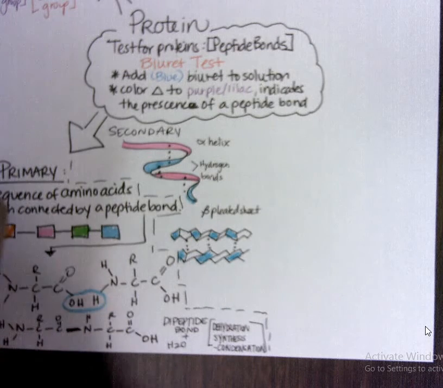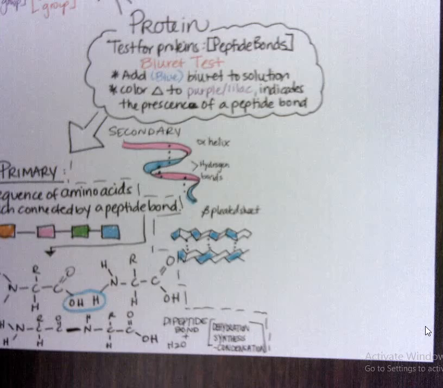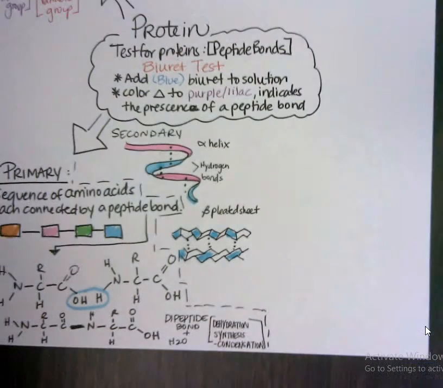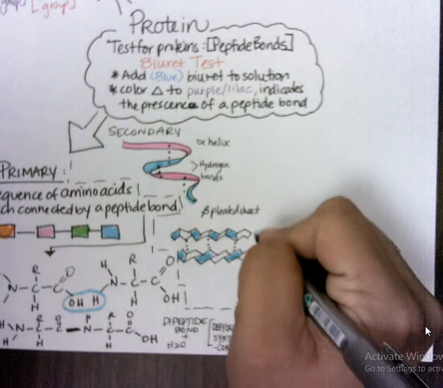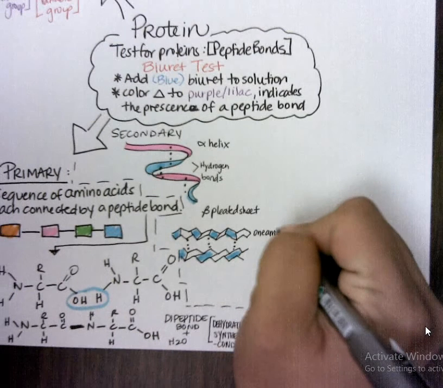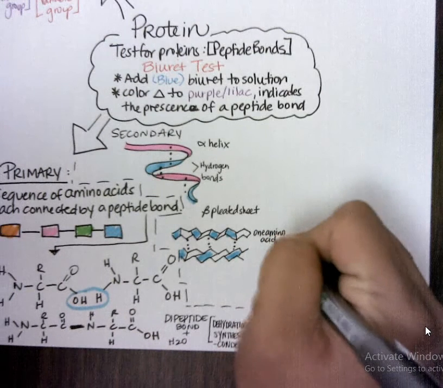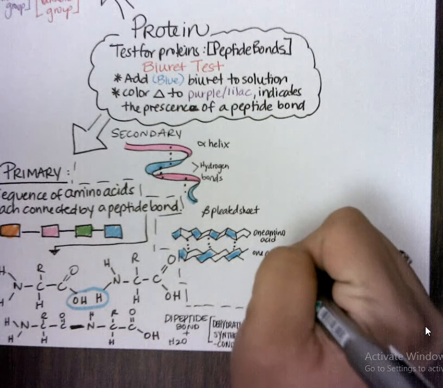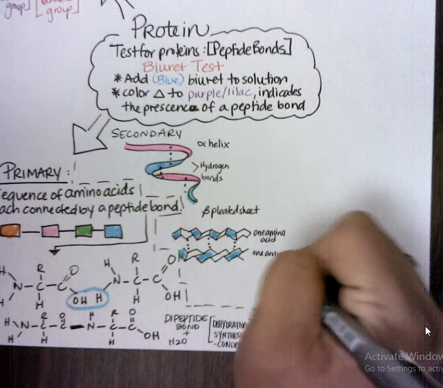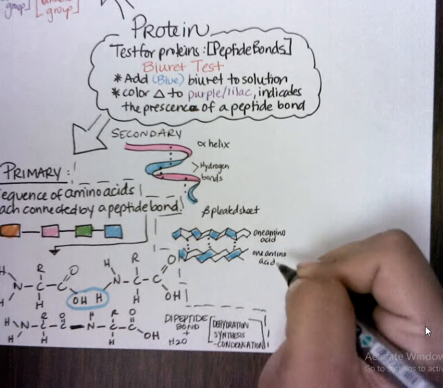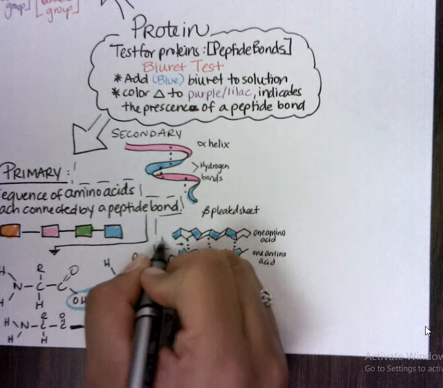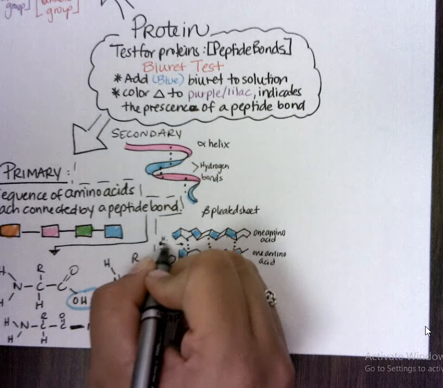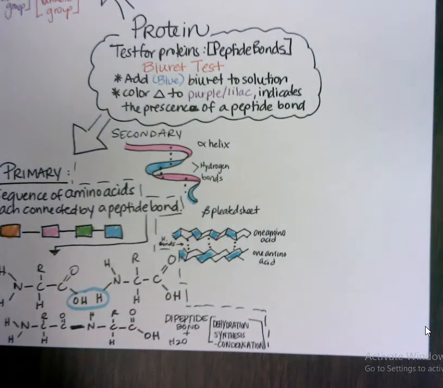So right here we have your beta pleated sheet, and this whole structure right here would be one amino acid, and then this right here would be one amino acid. So that's what's representative of those small boxes. And again, right here in between, we do have our hydrogen bonds. So always in between those.